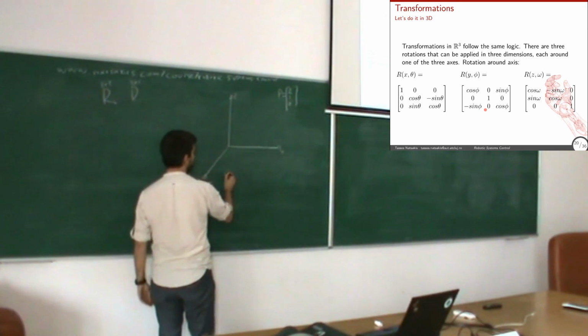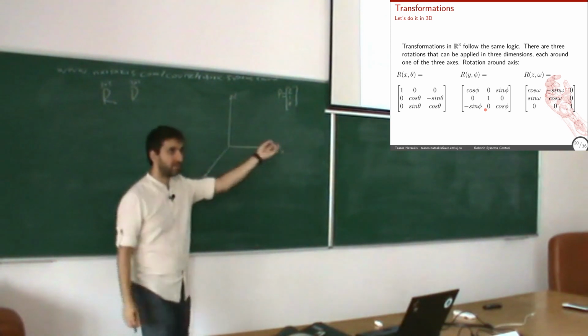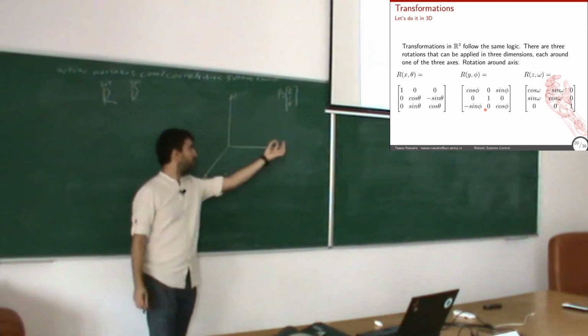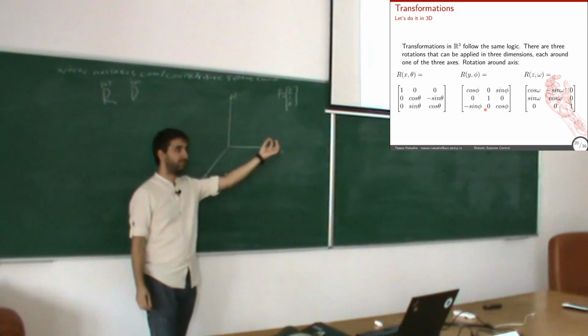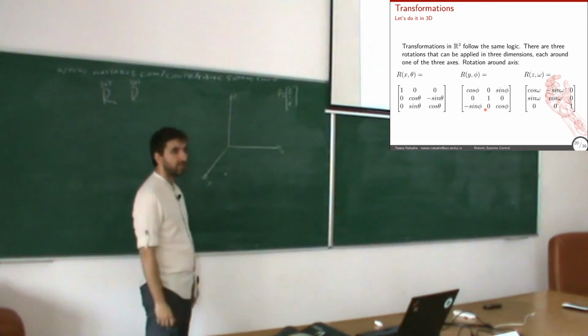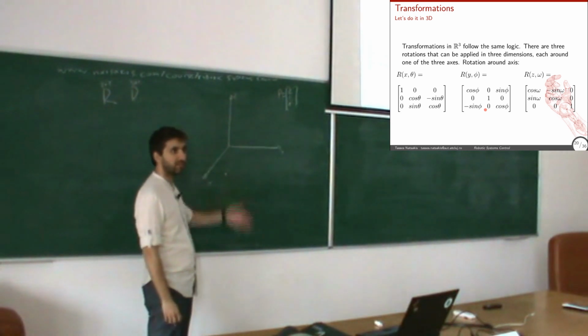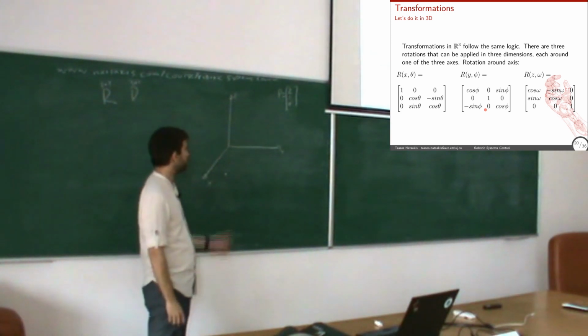So it's here. Remember, x is getting out of the board. This point is floating somewhere here. And around which axis should we rotate? x, y, or z? Z.